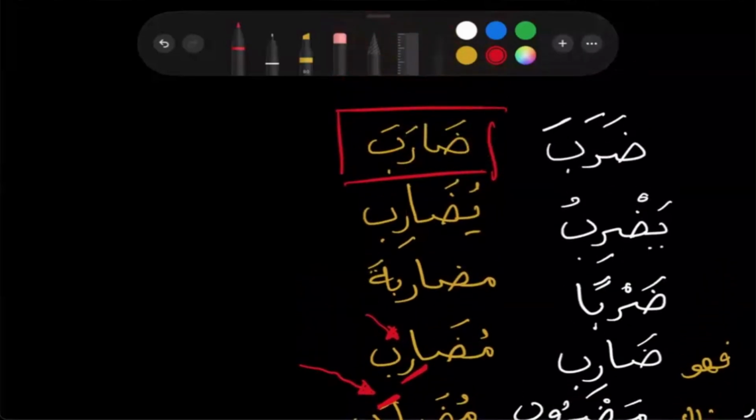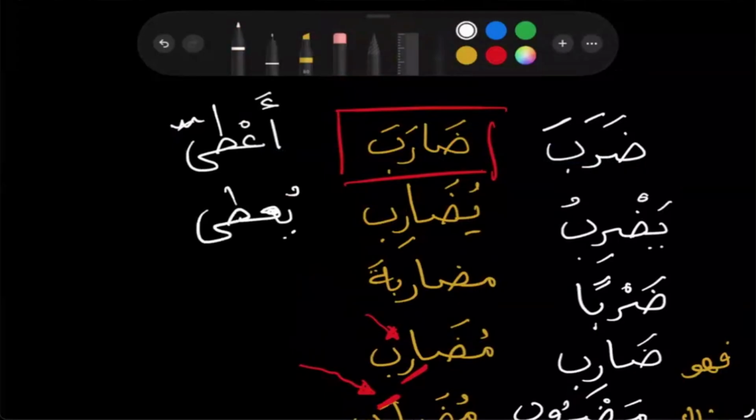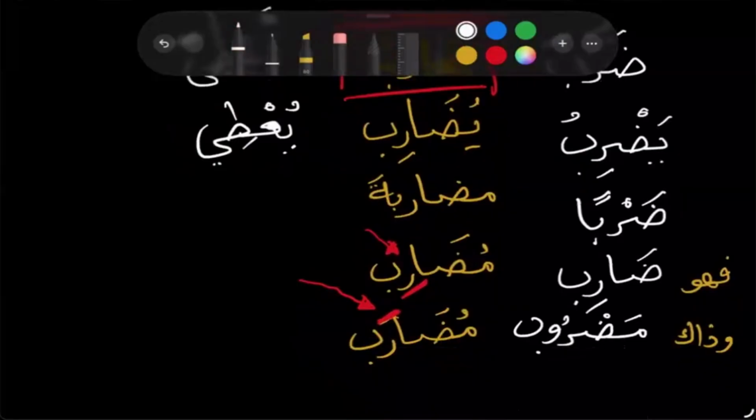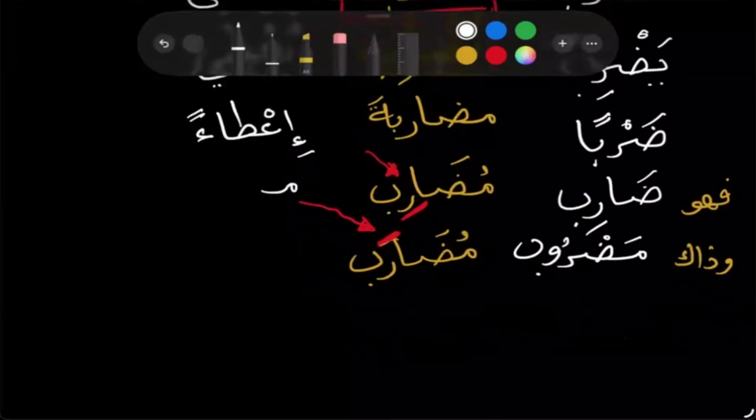So let's look at a case of NaaqiS. أعطى, 4 letters, yani 1 extra letter. The origin is أعطى wa يعطي. إعطاء, that's the masdar. فهو معط.